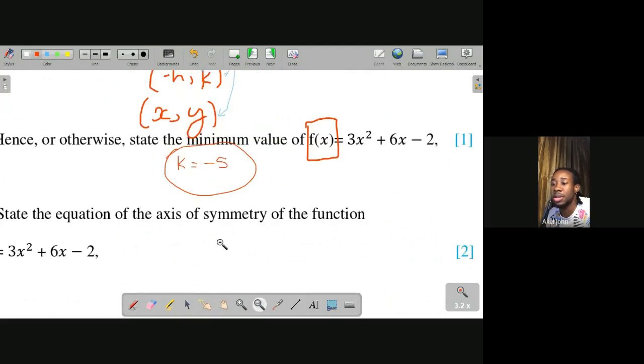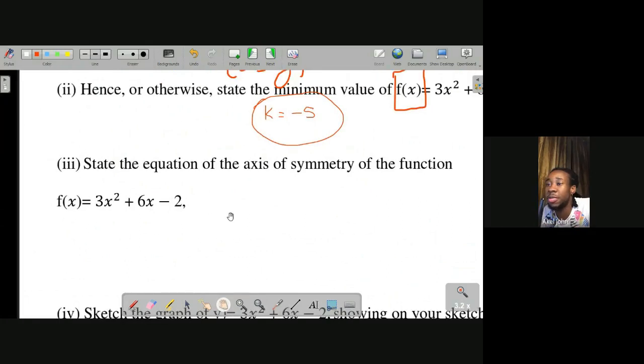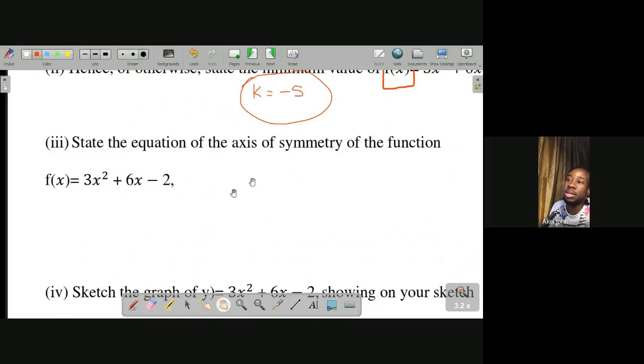So we're on 4 marks now. They want us to state the equation of the axis of symmetry of the function. Now, they could also use the word line here, and it would mean the same thing, right? But the axis of symmetry is something that cuts the quadratic graph, and there is a formula for it. The formula is x is equal to -h.